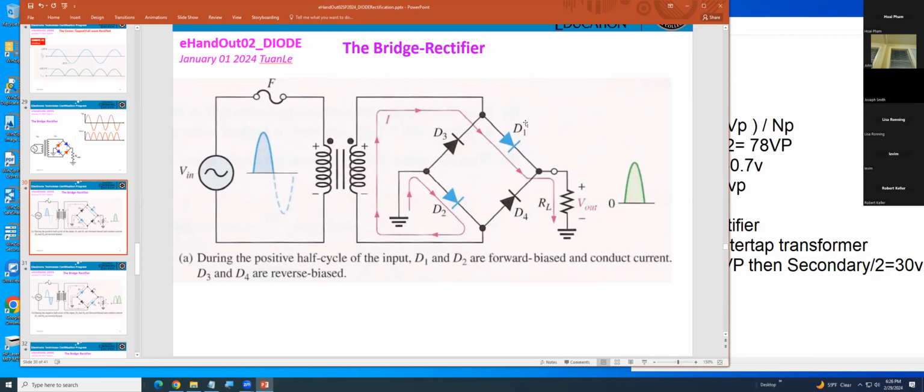What else? How about D2? The anode on D2 is going to ground, but it would be on because it would be a positive 0.7 volts, right?